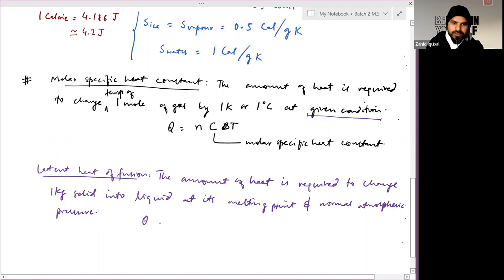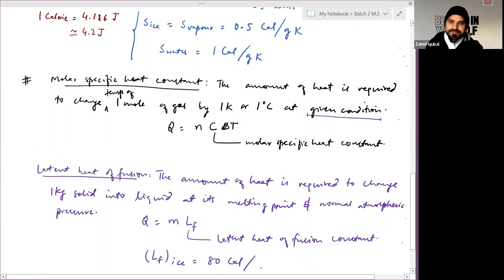So Q equals mass of substance times latent heat of fusion constant. So this L is called the latent heat of fusion constant. For ice, it equals 80 calorie per gram.